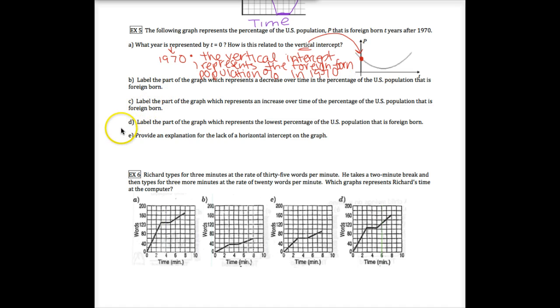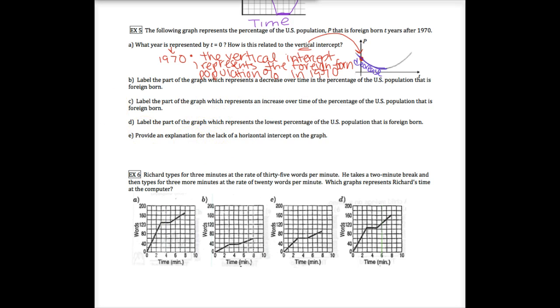It says label the part of the graph which represents a decrease over time in the percentage of U.S. population that is foreign born. So where is the percentage decreasing is what it wants to know. So I can use color here, but it decreases all the way along here. So there's our part B. We labeled the decrease.